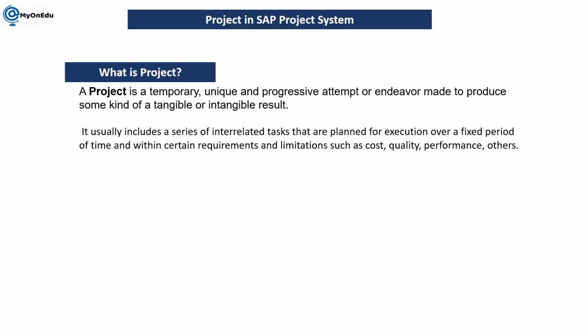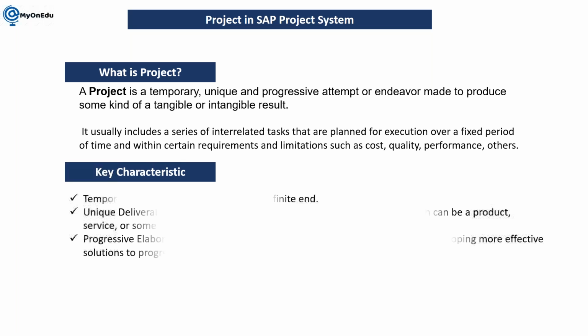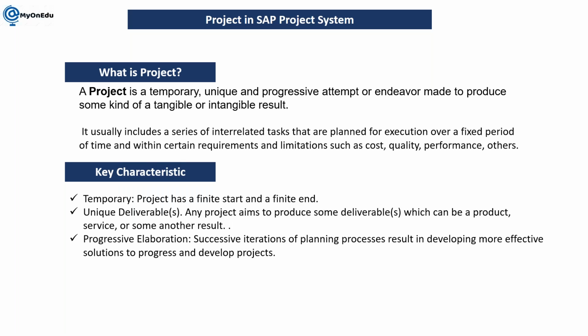These are the key characteristics: it will be temporary, which means it will have a start date and end date. It will have unique deliverables specific to that particular project. Any project aims to produce some deliverable, which can be a product, service, or some other result.